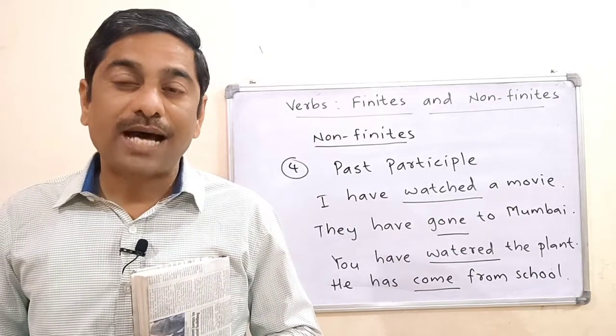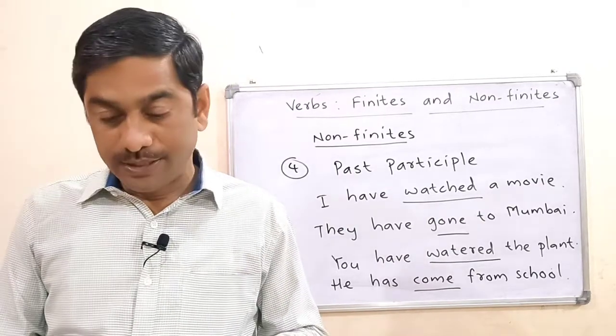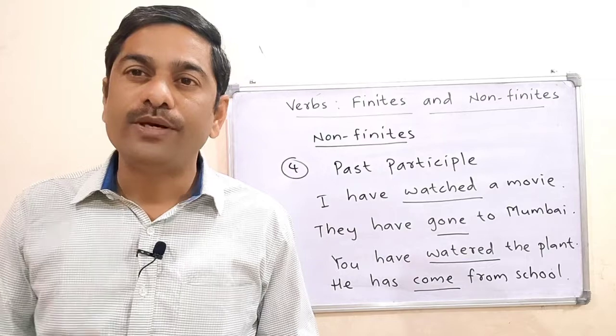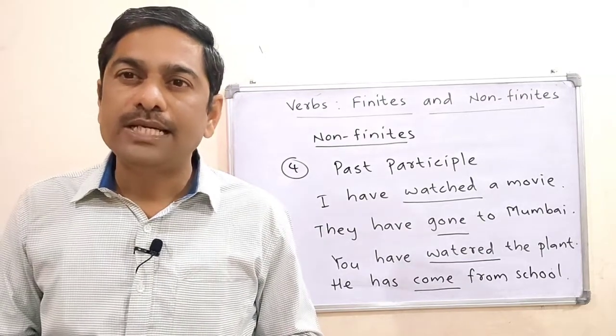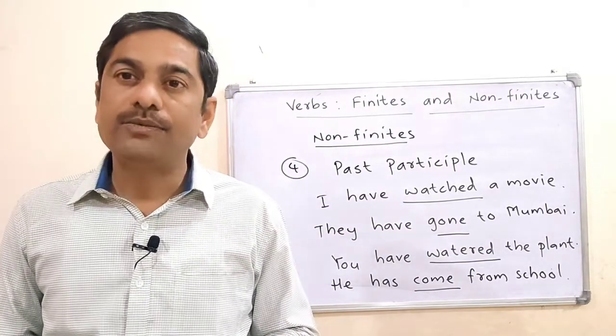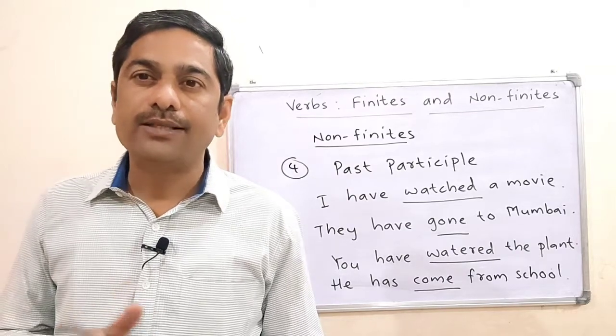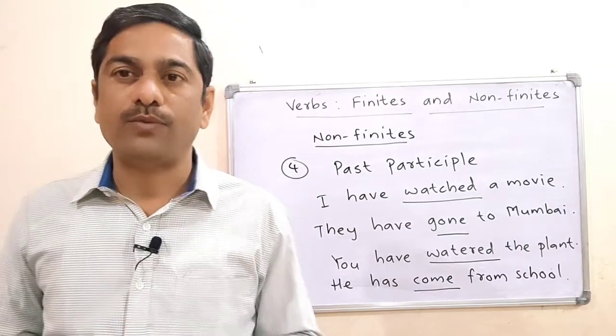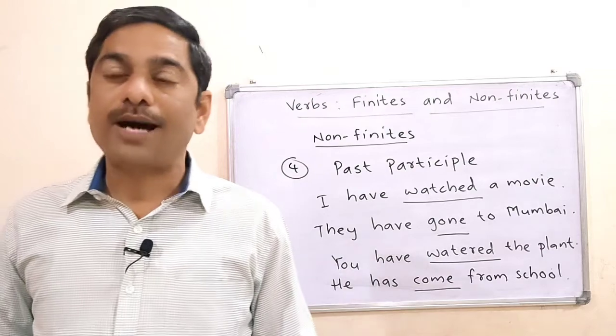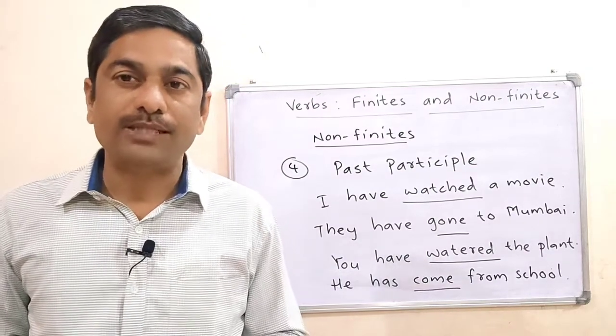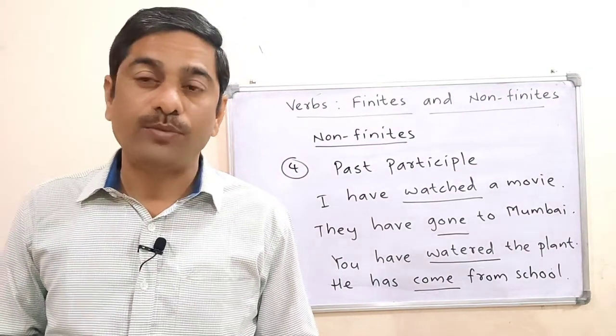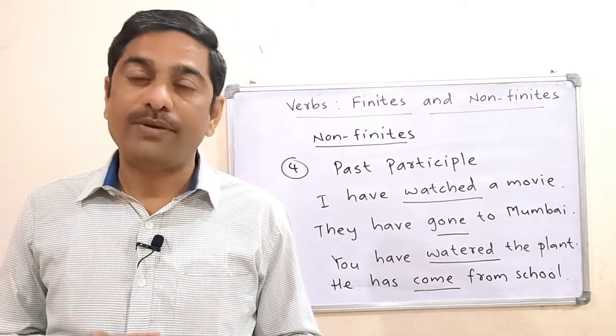Present participle is the ing form of the verb which is used in continuous tenses. And the third one is gerund. Another name of gerund is verbal noun. And the fourth one is past participle. The past participle is the V3 form of the verb which we make use of in perfect tenses.